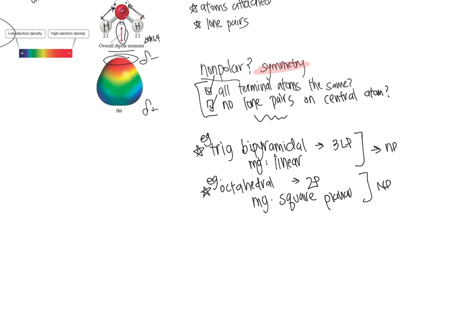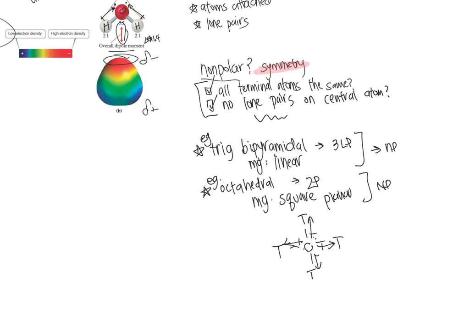So let me just draw it. If we look from the top, we have the central atom in the middle, we have terminal, terminal, terminal, terminal, and we have two lone pairs. Those lone pairs are coming from above and below the way I've drawn it. And so the dipole, let's just say the terminal atoms have a dipole moment towards them, then those would all cancel out.